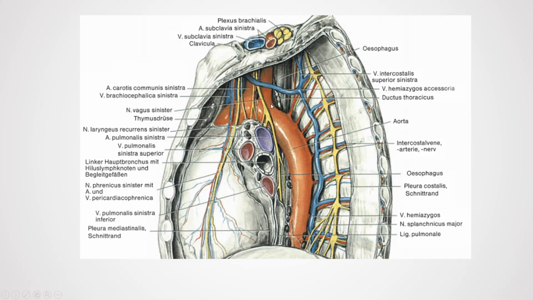The nervus vagus is behind the heart. To the right and left of the heart is the nervus phrenicus sinister, and on the other side the nervus phrenicus dexter, and the arteria and vena pericardiacophrenica.